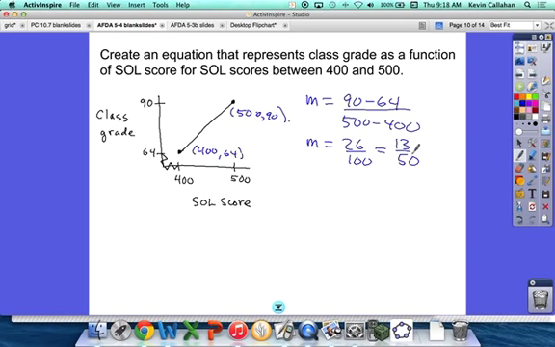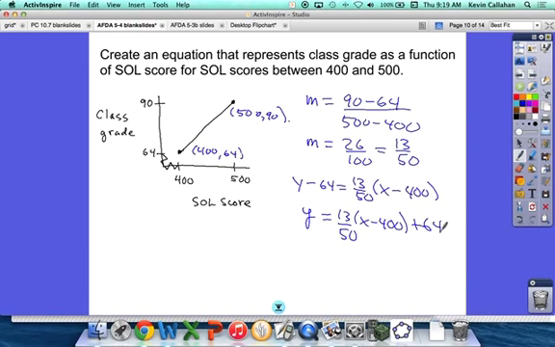Now that I know the slope, I can use point-slope form, use one of these 2 points, it doesn't matter which one, and that's slope. Y minus, I'm going to use that one, 64 equals 13 over 50 times x minus 400. And at the very least, I'm going to add the 64, right? That's 13 over 50 times x minus 400 plus 64.